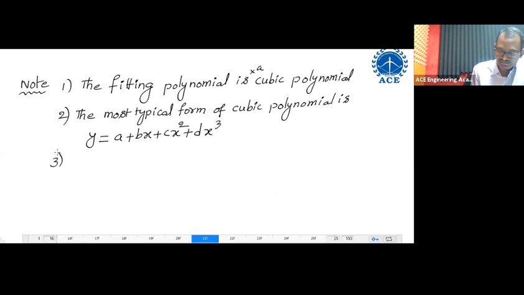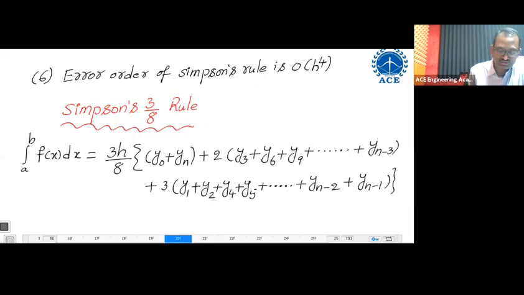If you only want to get the values of a, b, c, d, then your cubic polynomial has to pass through a minimum of 4 points. That's why it is also called a 4-point formula.